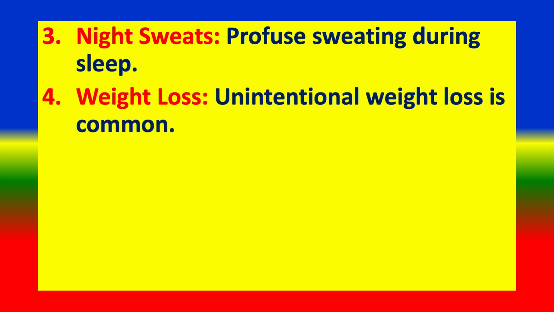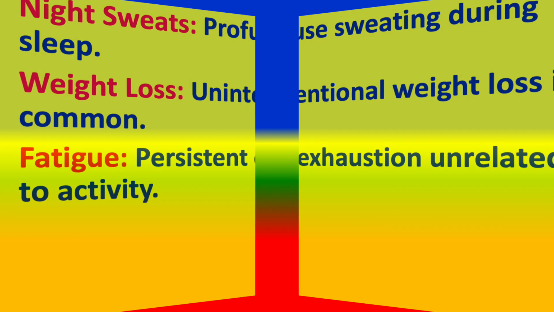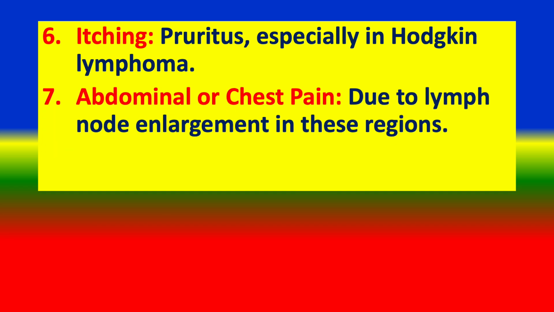Weight loss, unintentional weight loss is common. 5. Fatigue, persistent exhaustion unrelated to activity. 6. Itching, especially in Hodgkin lymphoma. 7. Abdominal or chest pain due to lymph node enlargement in these regions.